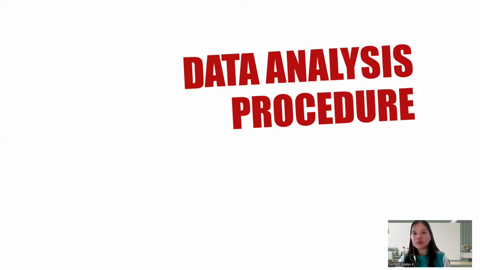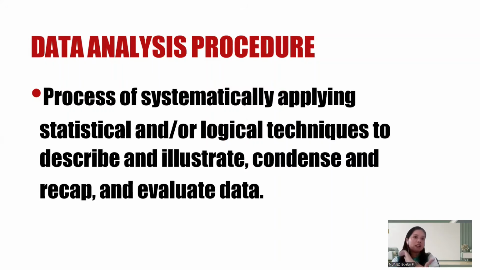Data analysis procedure. In this data analysis procedure, you need a statistician to recommend what statistical tests you need to use. It's actually a process of systematically applying statistical or logical techniques to describe and illustrate, condense and recap, and evaluate your data. So you have the research objective, which is aligned to your research instrument.